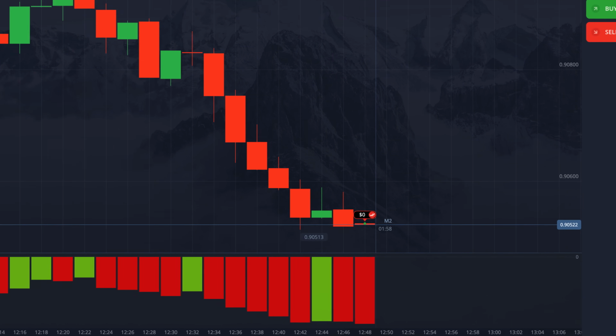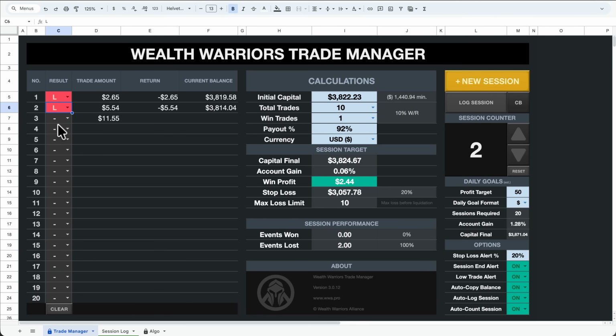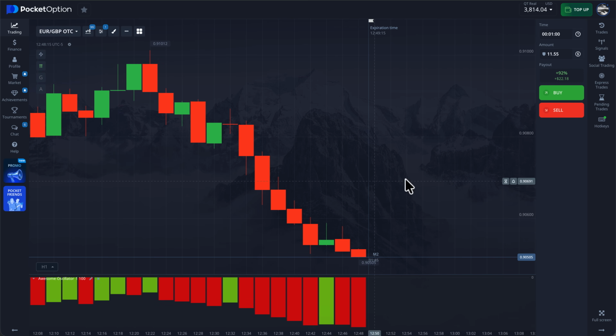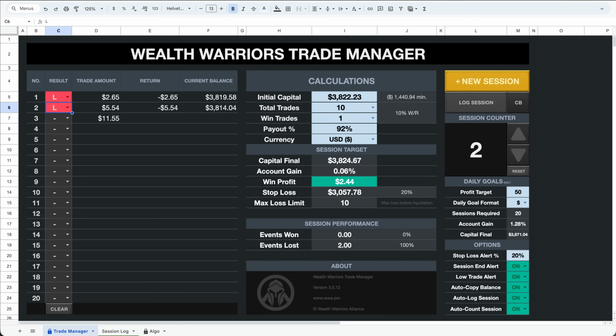And there it is. So let's go ahead, mark this with an L. And now we're at 11.55. So let's just go ahead and enter that in. So now we're working with 11.55 as the trade amount. It's not too much. It's not too little. The trade manager gives you the exact amount that you need. It's not going to give you excessive trade amount sizes or anything like that.